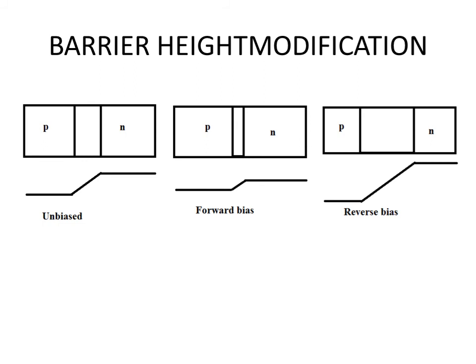And when you give forward bias, you can see that the depletion region has become narrower, and the potential barrier has become shorter, or the height has become smaller. Whereas when you are giving reverse bias, the potential barrier has become larger, and the depletion region has become wider.